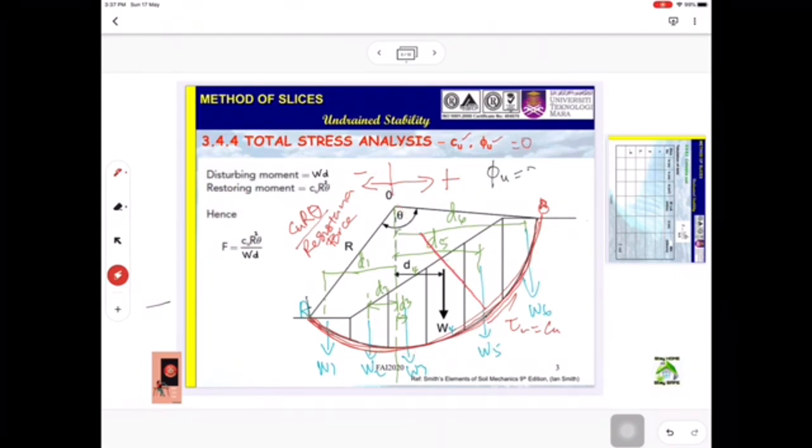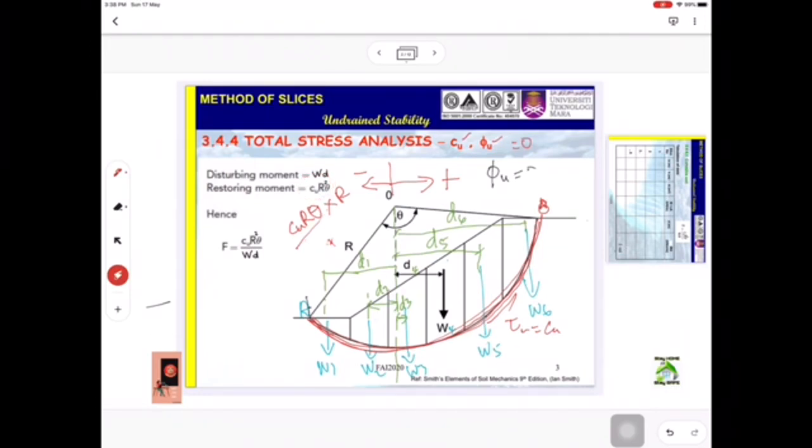So Cu r theta times r gives you Cu r squared theta.